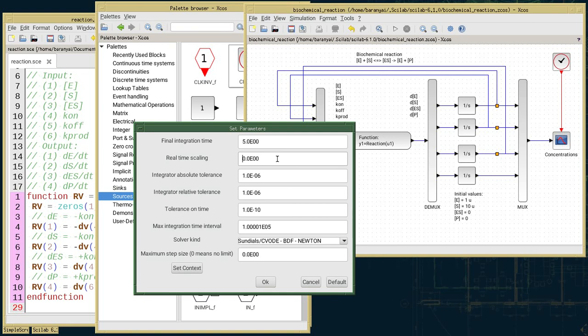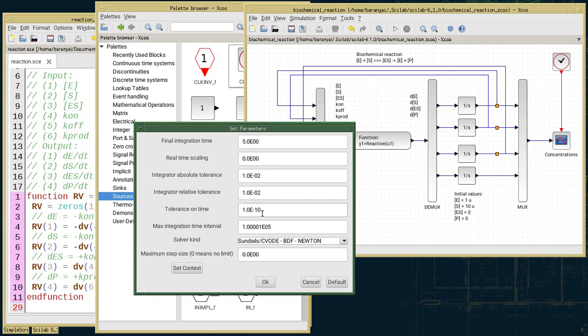The real-time scaling, no need to change. Everything will be understood in minutes. The integrator tolerance, the amount of information here in unit, concentration in the range of 0 to 10. So I will make 0.01 tolerance. This is my accuracy, what I expect.